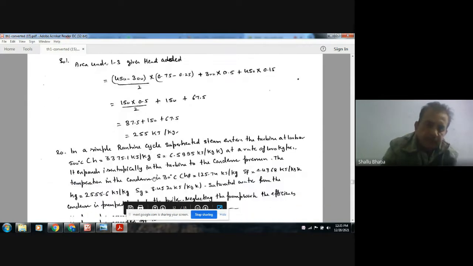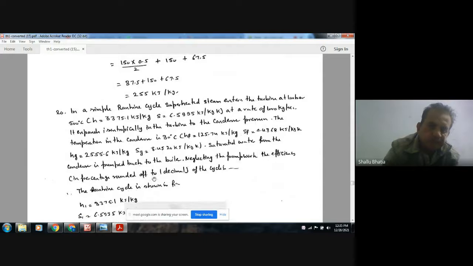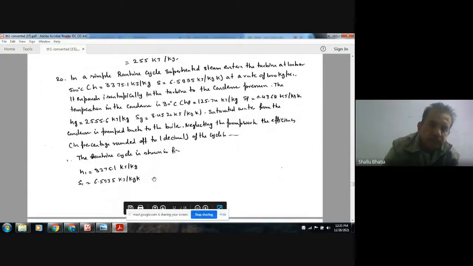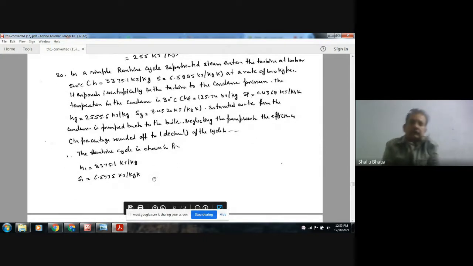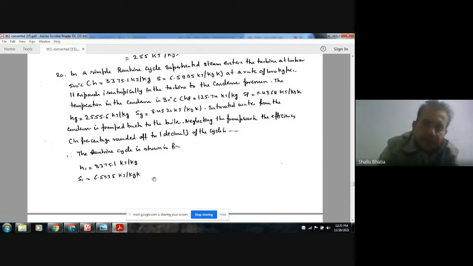Next, in a simple Rankine cycle, superheated steam enters the turbine at 100 bar, 500 degrees Celsius, H is equal to 3375.1 kilojoules per kilogram, S is equal to 6.5995 kilojoules per kilogram per degree Kelvin, at a rate of 1000 kilogram per second.